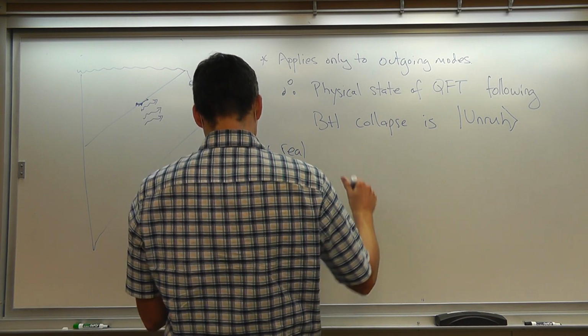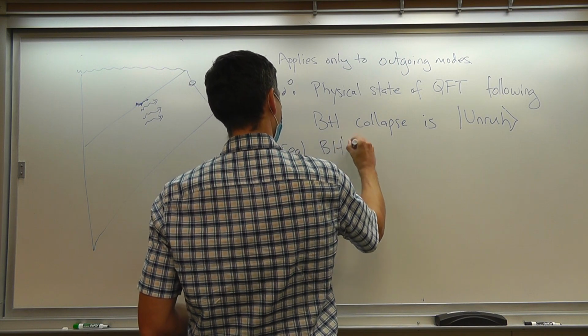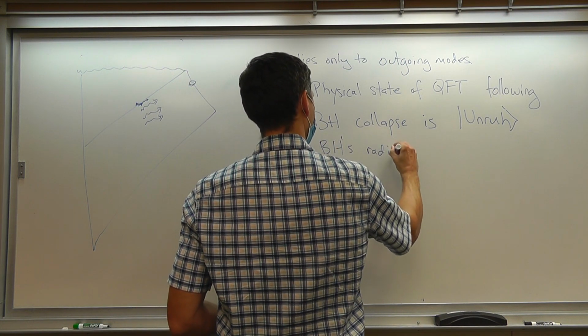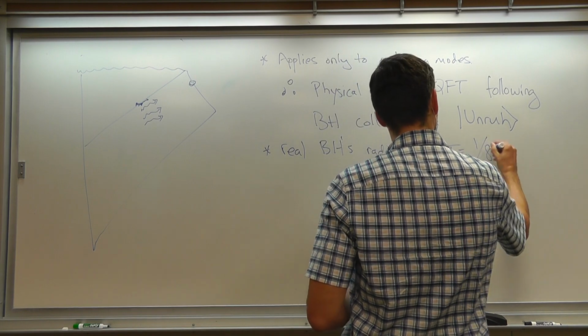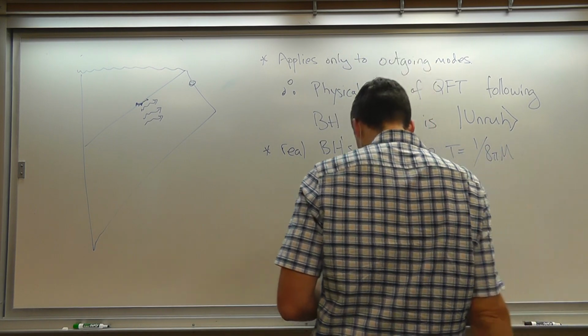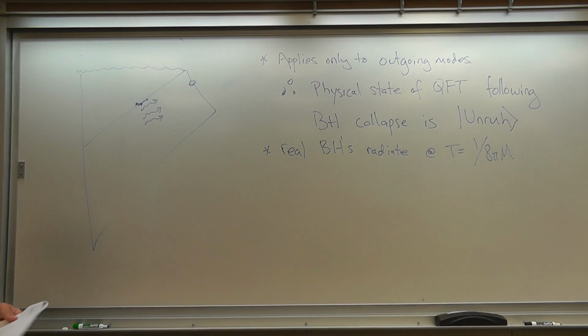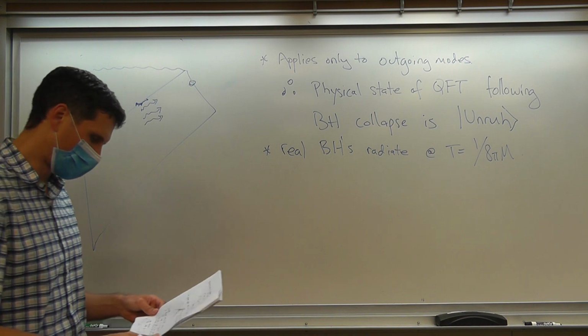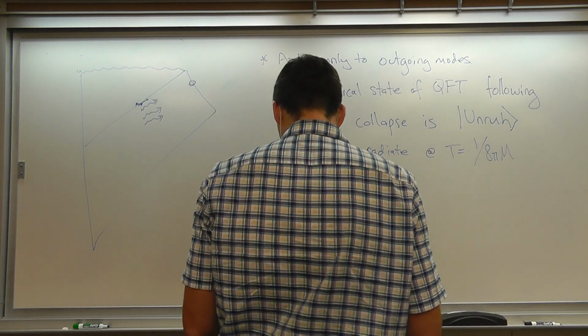Comment number 2, I'll just write it, but I said it. Real black holes radiate at temperature 1/8 pi m. Now, we've done this calculation. Let me write a formula first.